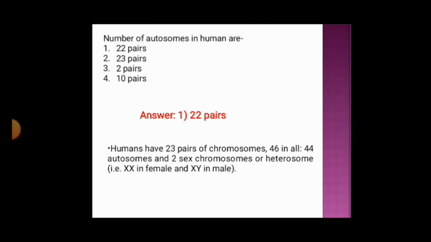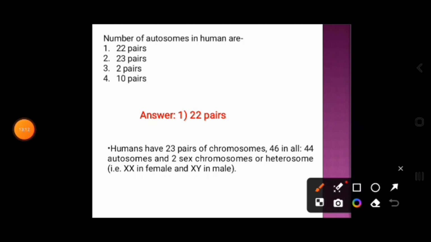Among these 23 pairs, 22 pairs, that is 44, are autosomes, and the remaining one pair are sex chromosomes, also known as heterosomes. The sex chromosomes are represented in females as XX, whereas in males as XY.